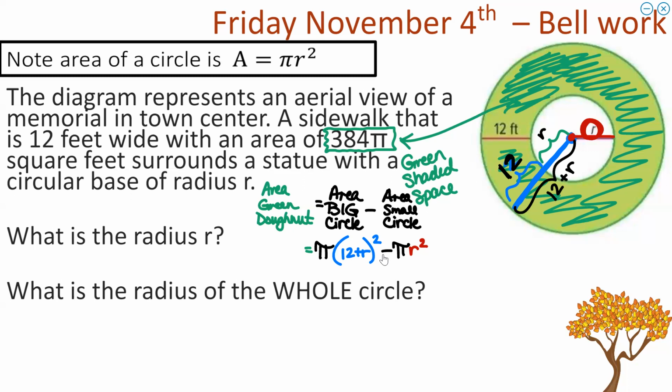I have 2 terms left. How many of those 2 terms have R in them? 1, just that one. So let's get rid of this one. 144 pi, is that a positive or a negative 144 pi? Positive. How can I make it cancel? Subtract it. So I'm going to minus 144 pi from both sides.